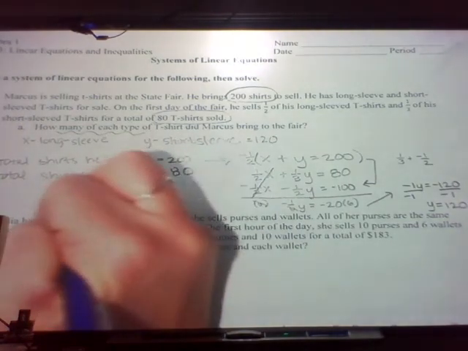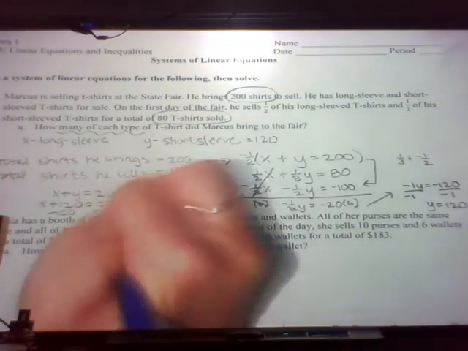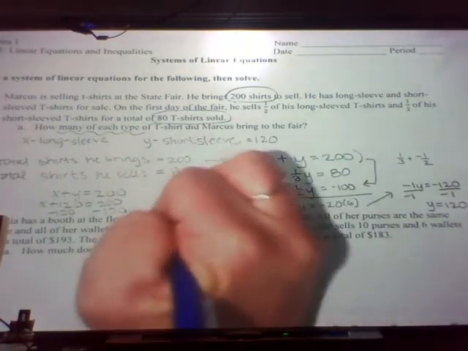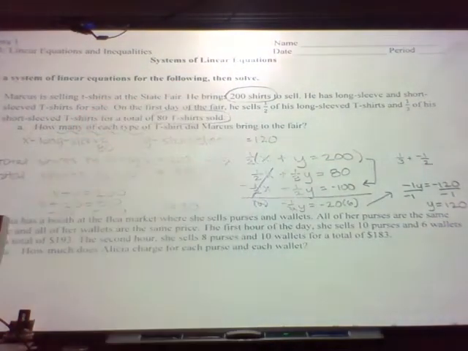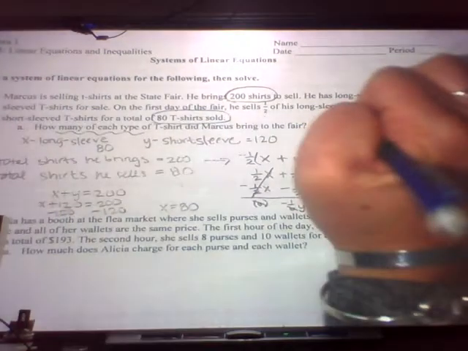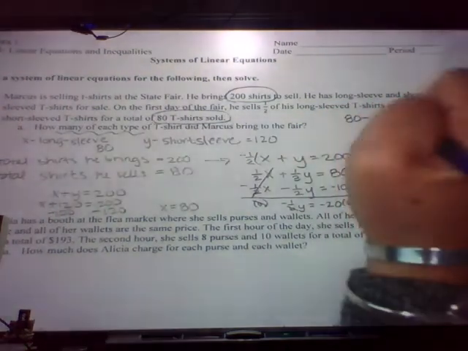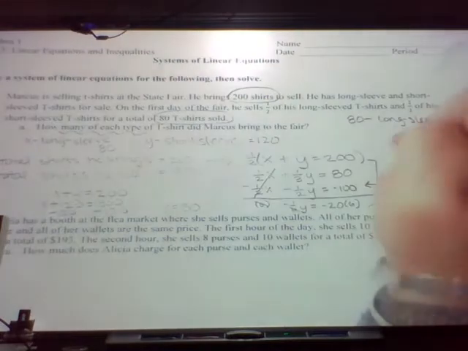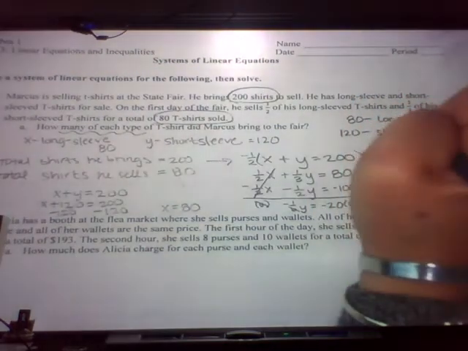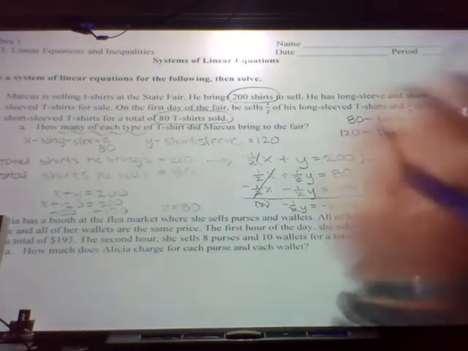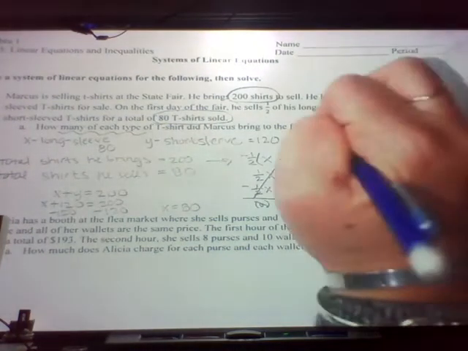I just subtract that 120 from the total, and x is equal to 80. So we had 80 long sleeve and 120 short sleeve. And that's going to be my final answer.